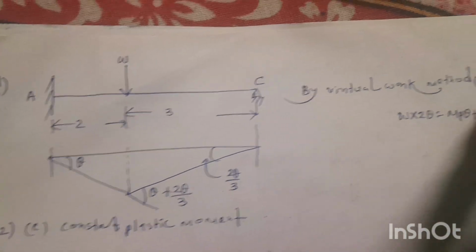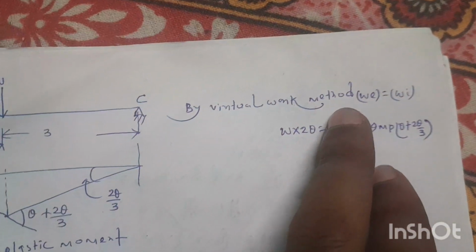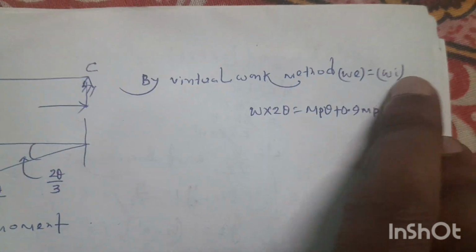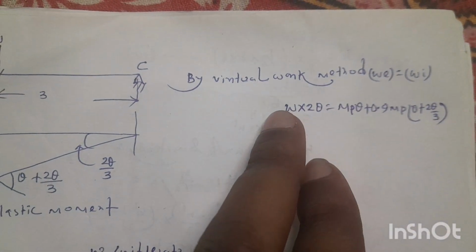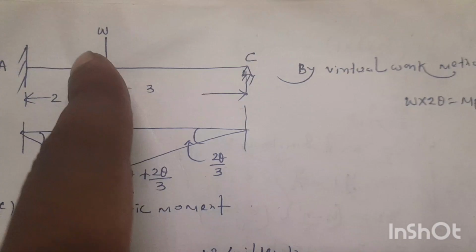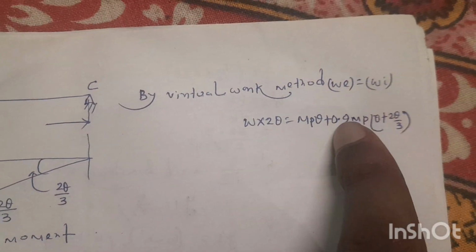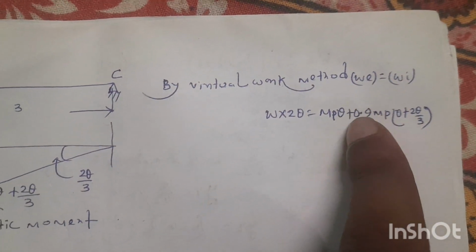So by virtual work method, we know external work done WE equal to internal work done WI. So external work done will be load into deflection, W into 2 theta, and the internal work will be moment into rotation.